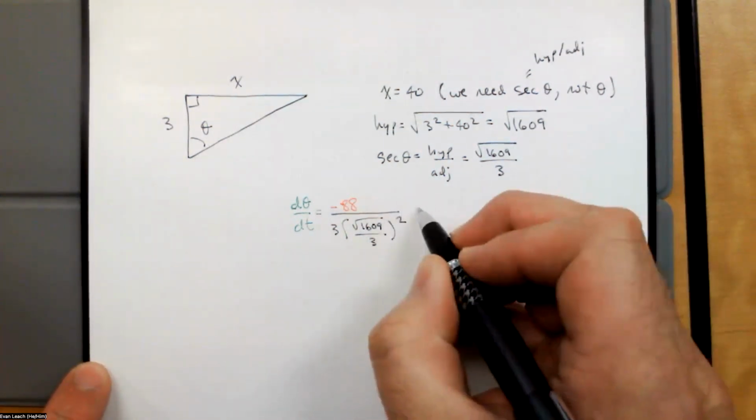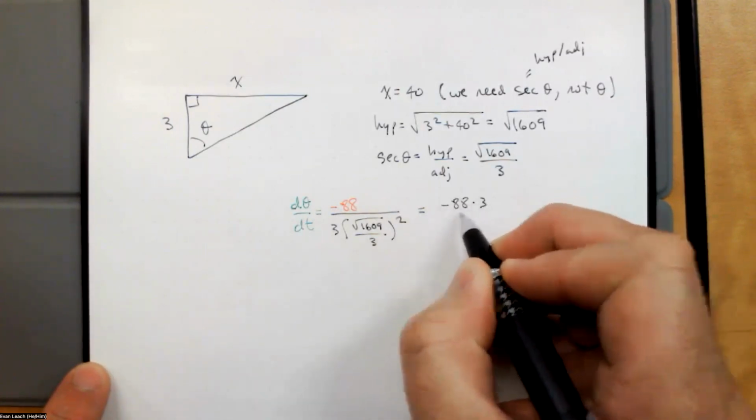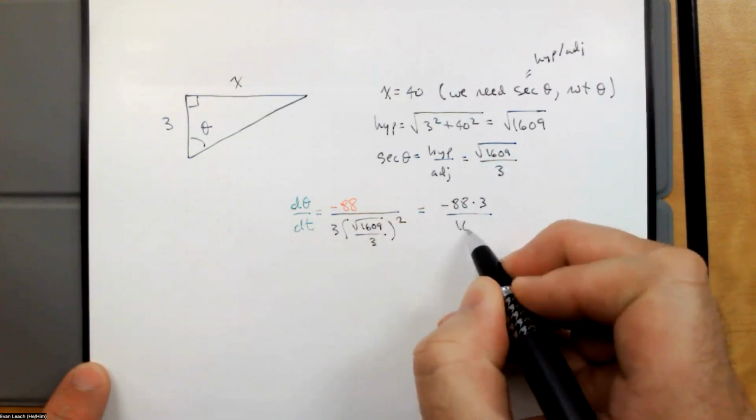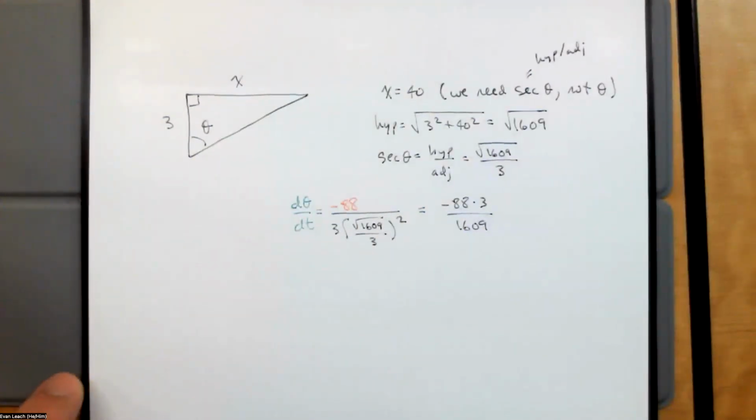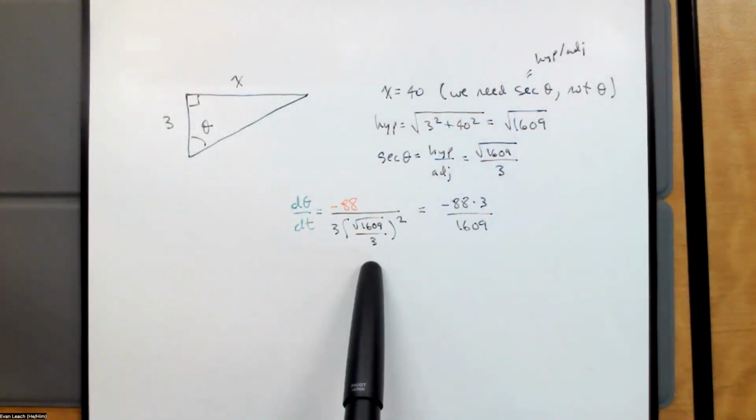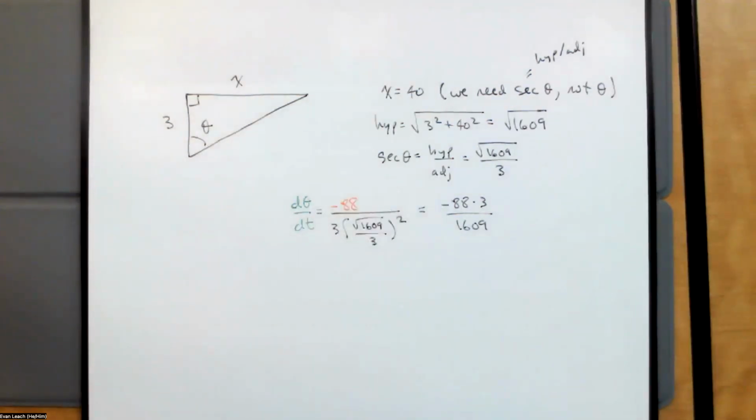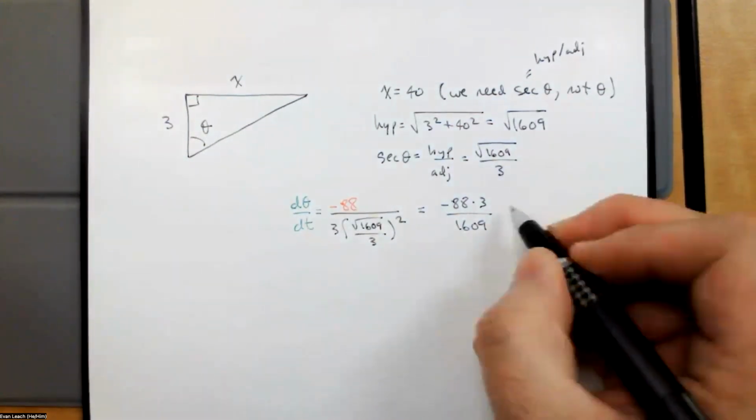The second 3 gets moved on the top, so I get negative 88 times 3 divided by square root of 1609 squared. Because there's 2 in the denominator of the denominator, one of them cancels, so the other one's up on top. So I get negative 0.164.